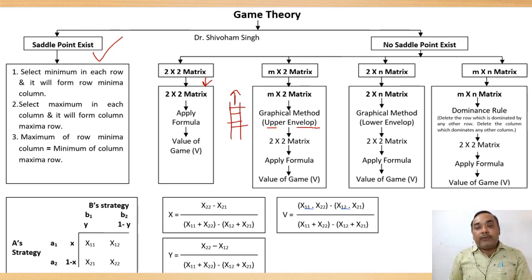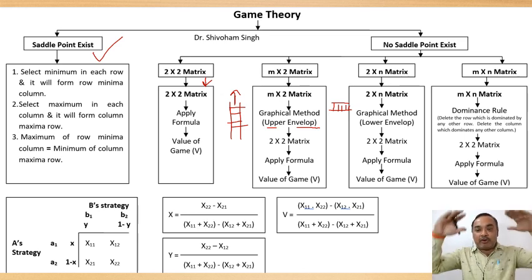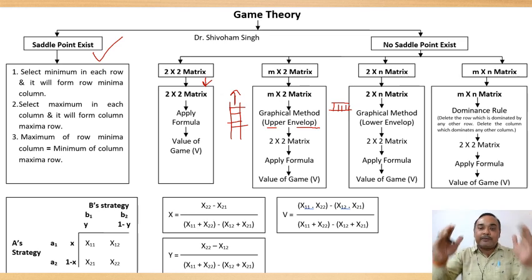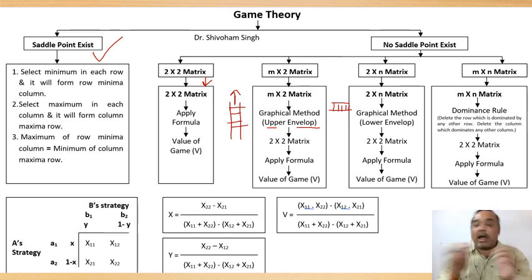Similarly, if there are only 2 rows and n columns, I'm talking about a railway track. Railway track means ground level, just for understanding, that means we are going for the lower envelope in the graph. Whenever you have either 2 rows or 2 columns, you should go for the graphical method.